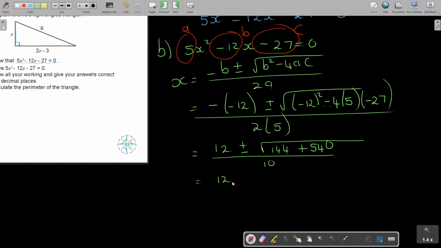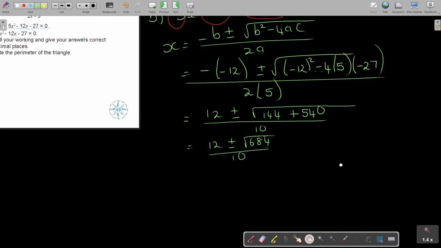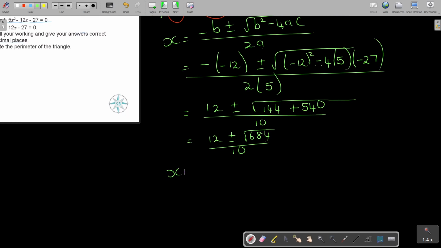So 12 plus minus the square root of 684, over 10. Now don't forget, on the calculator, do it like this: 12 plus square root 684 equals, divide by 10. And I'm getting 3.82, or 12 minus square root 684 equals, divide by 10, and it is x equals negative 1.42.